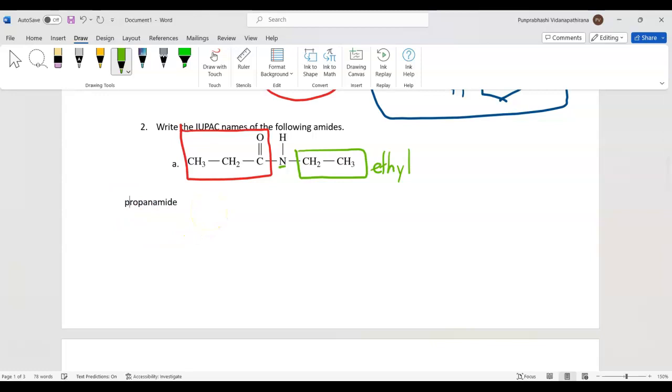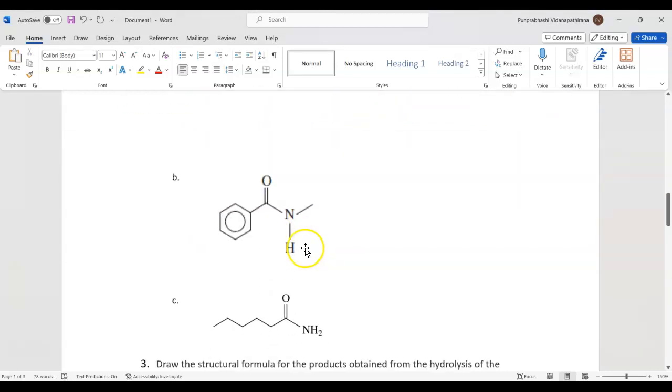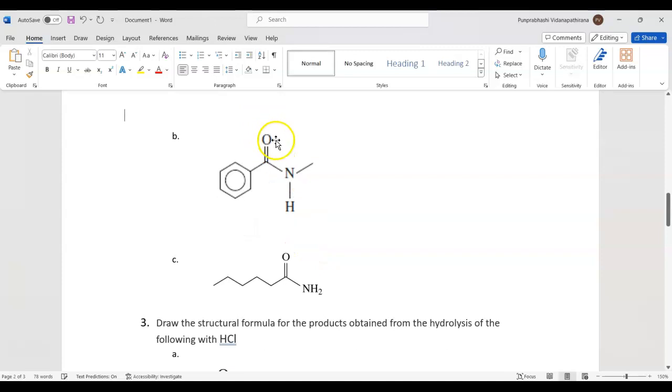The name would be N dash, the alkyl group is ethyl: N-ethyl propanamide. Okay, so that's the correct answer. N-ethyl propanamide.